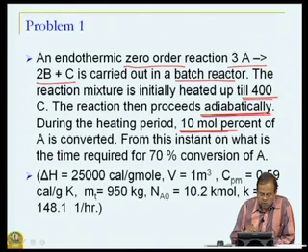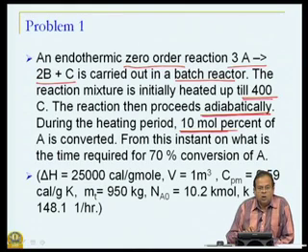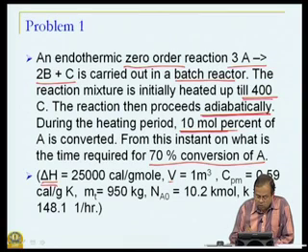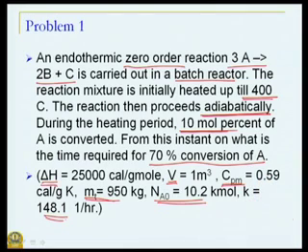From this instant, that means, what is the time that is required for 75% conversion of A. So, we need to find time, and we have been given heat of reaction, adiabatic endothermic reaction, the volume of the reactor, the specific heat of the reacting mixture which is given constant, the total mass, initial moles, and the rate constant, which turns out to be the rate of reaction because it is a 0 order reaction.